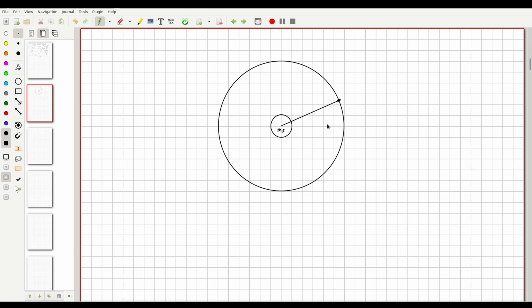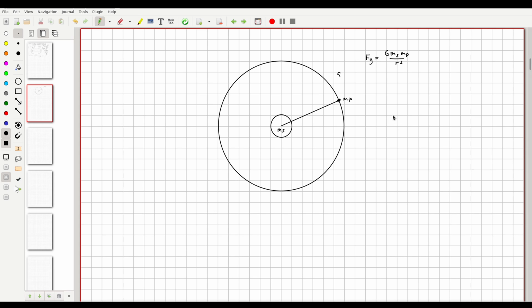I'll call it m sub s. The planet has a mass. I'll call it m sub p. And it's going around like this. So what's making it go around? Well, obviously that's a force. That's the force due to gravity, which in magnitude, to be clear, this is just the magnitude, is the gravitational constant G times the mass of the sun times the mass of the planet over r squared.